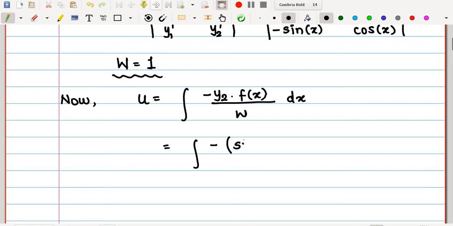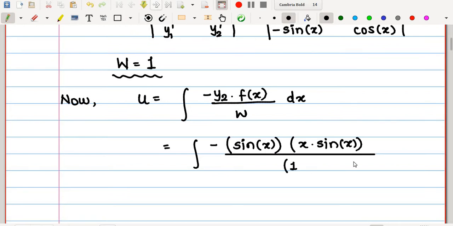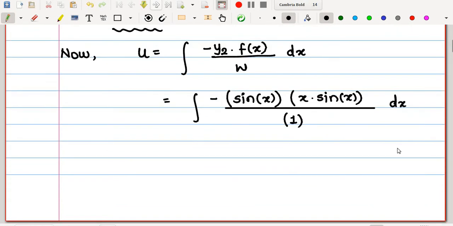Minus y2 is equal to minus sin x, f of x is equal to x into sin x, and our denominator W is equal to 1. So take this integration with respect to x. So it is equal to, the minus sign can be taken outside the integral sign, x into sin squared x.